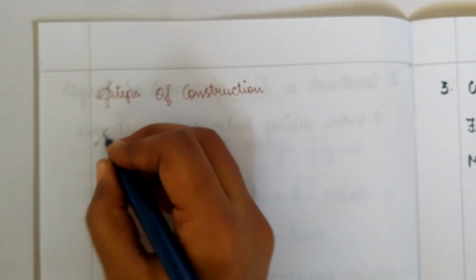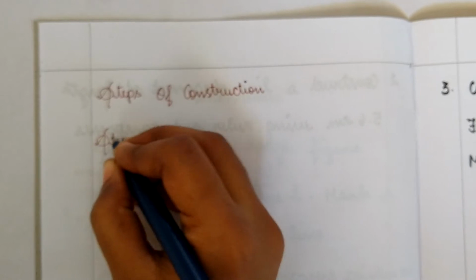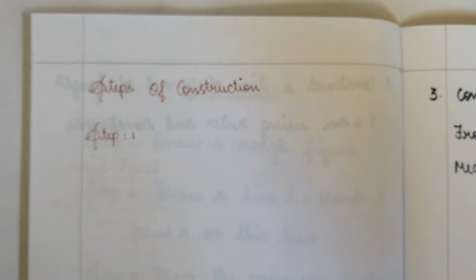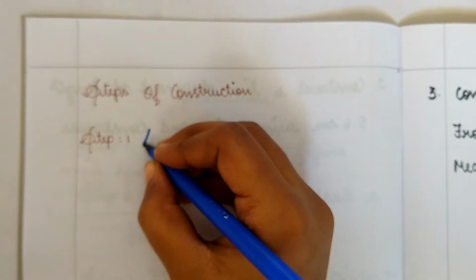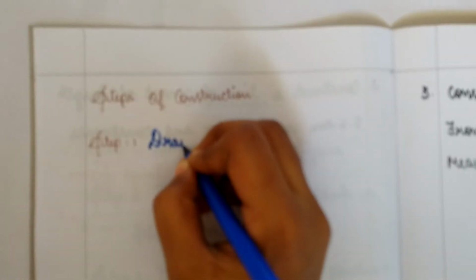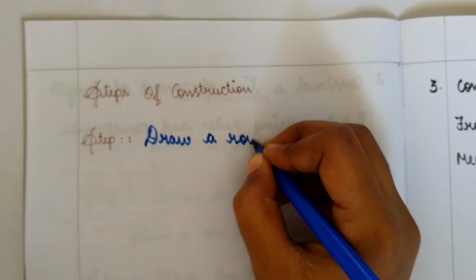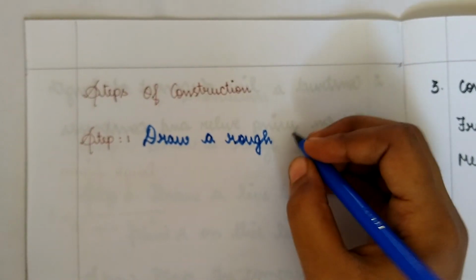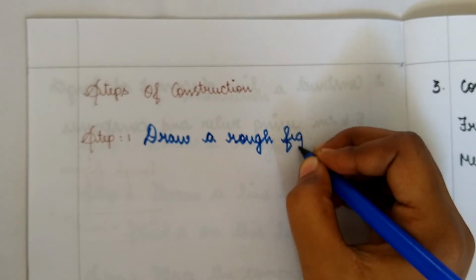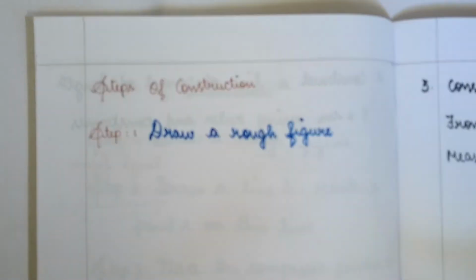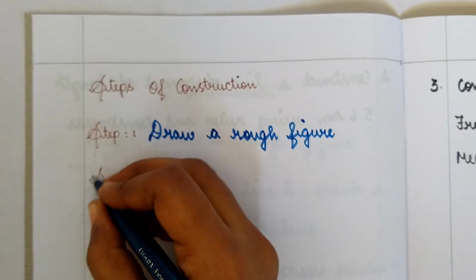Step 1 is draw a rough figure. Then write step 2.